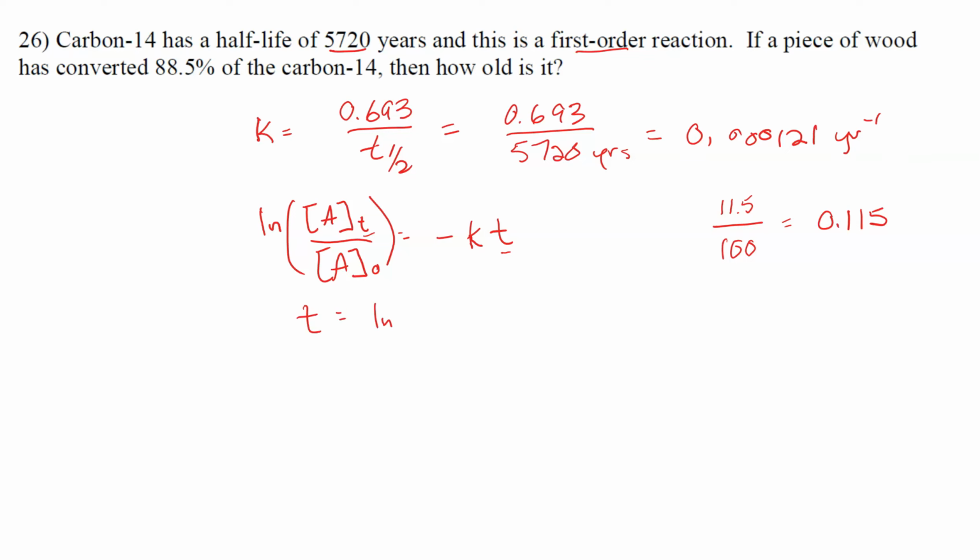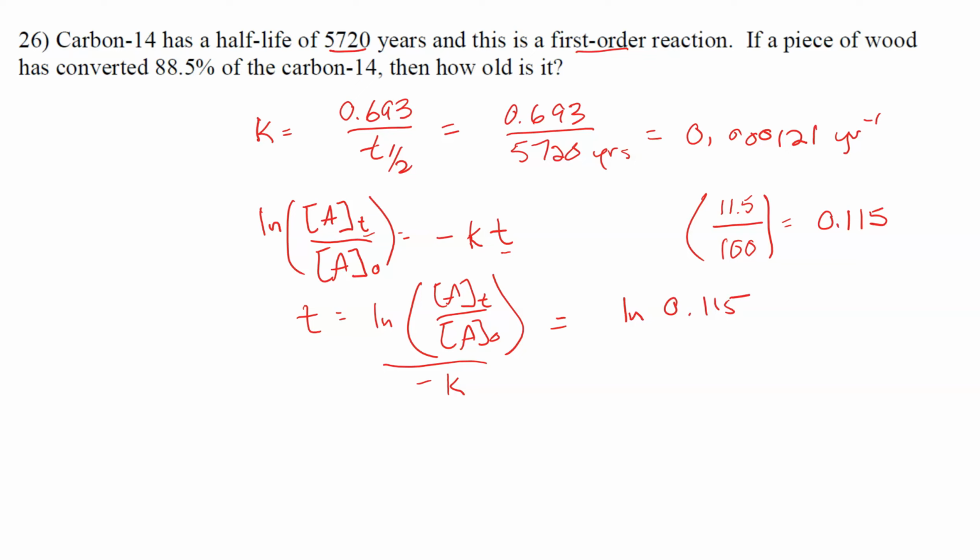So t equals the natural log of the concentration of A at time t over A initial, divided by -k. For the term in parentheses, because this is the ratio I made over here, plug in 0.115, or 11.5%, and then divide by -k, which is 0.000121.